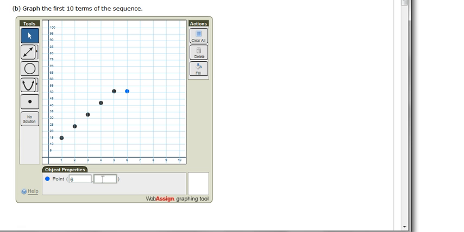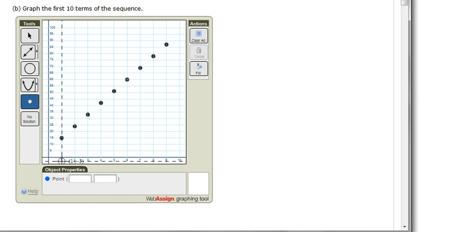6, 60, enter. 7, 69, enter. 8, 78, enter. 9, 87, enter.